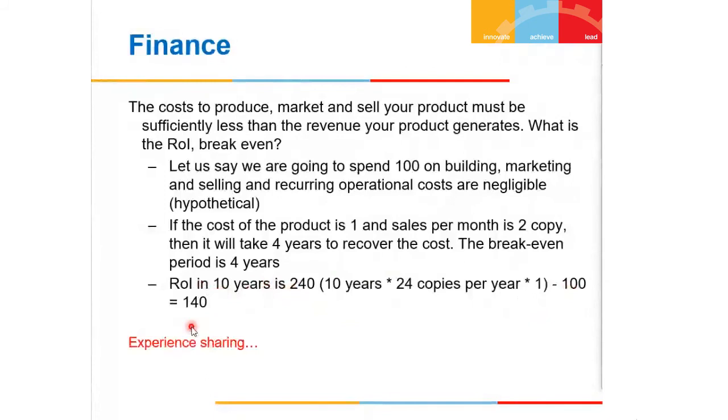So this kind of financial analysis also needs to be done before we venture into product development. Some products may be very expensive to develop and may take a long time to recover the cost, and some may be less expensive and you can probably recover the cost very quickly. Some may be high volume, some may be low volume, and so on and so forth.